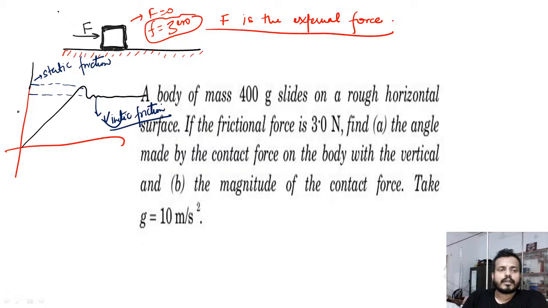Kinetic friction. All right. So this is your F external, and this is your friction value. So as you increase your F external, the friction increases, then it decreases suddenly. Then your force increases.